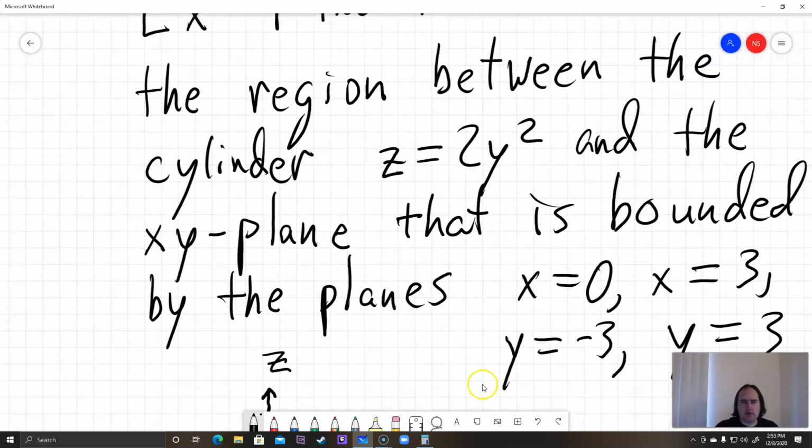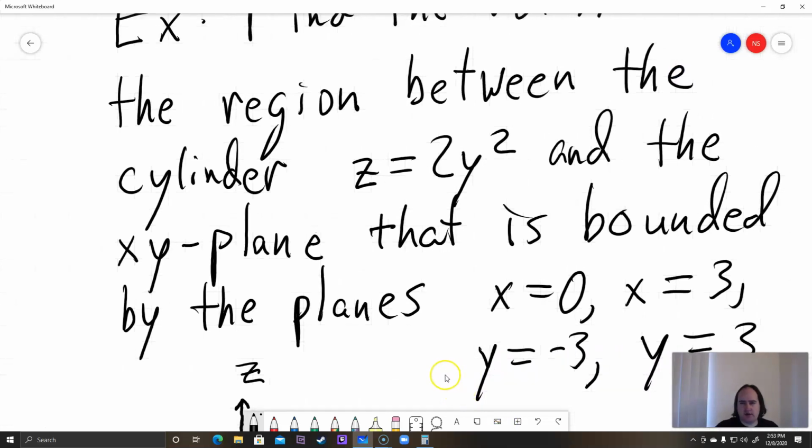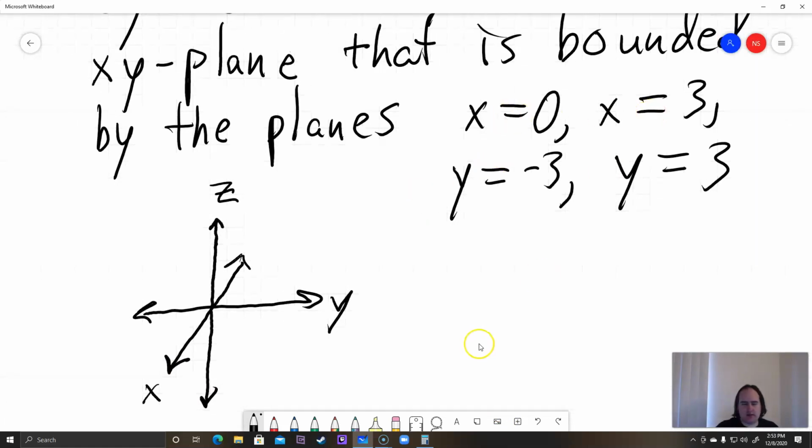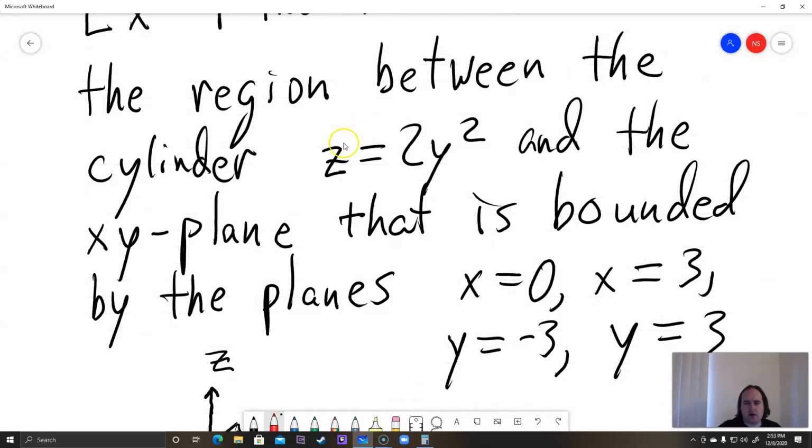Okay, so first of all, let's start with the easy parts, which is that we know that x goes from 0 to 3, and we know y goes from negative 3 to 3. So we're going to be able to graph those pretty easily. The part that's hard to graph is this, z equals 2y squared.